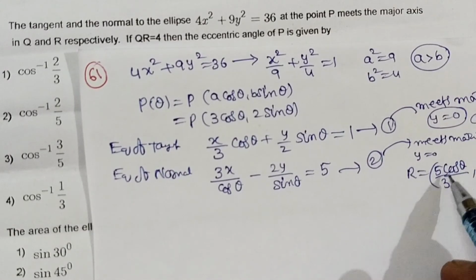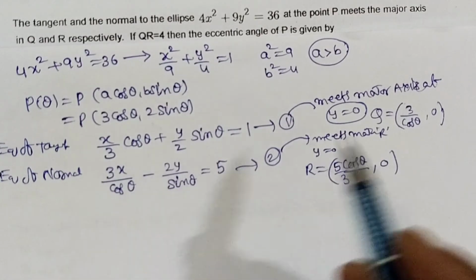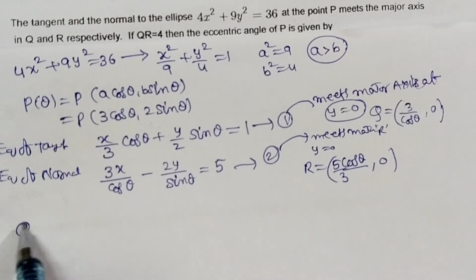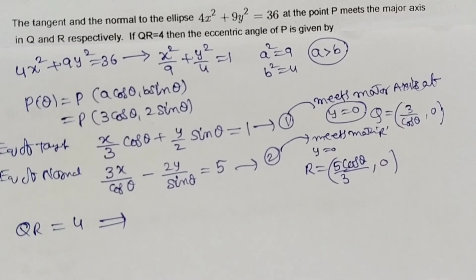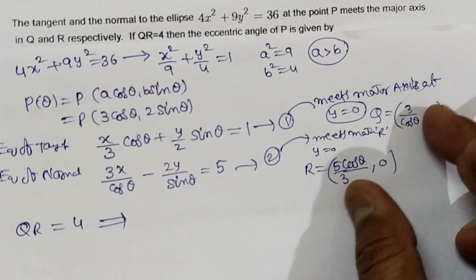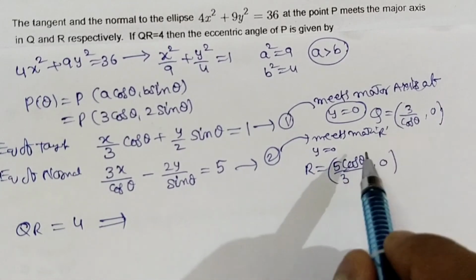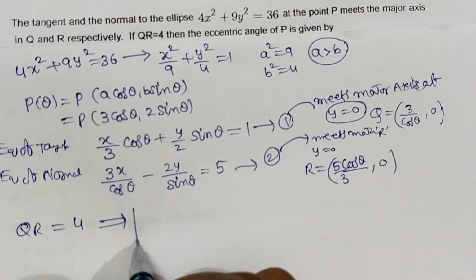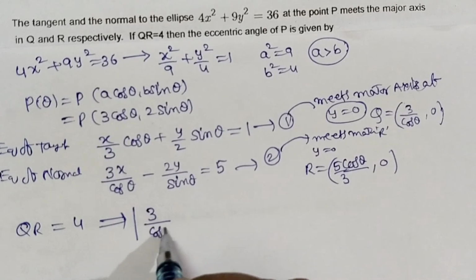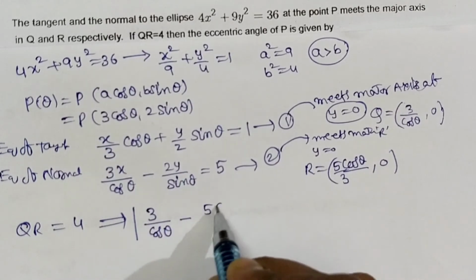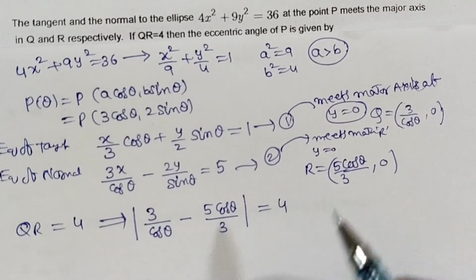So we got the Q value and the R value. QR is the distance, and QR is equal to 4. That implies the distance between these two points lying on the x-axis is mod of 3 by cos theta minus 5 cos theta by 3 equal to 4.